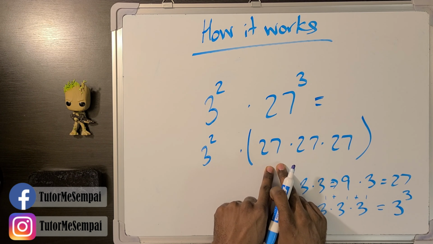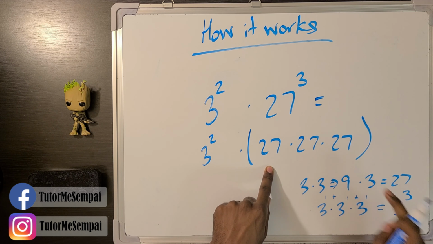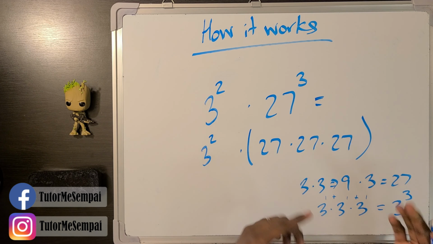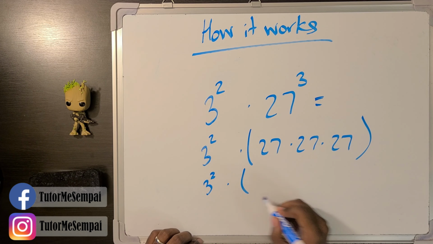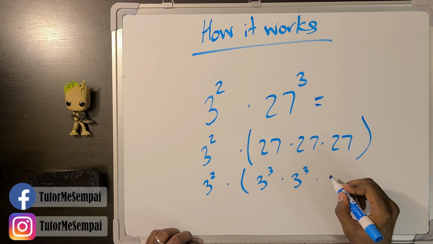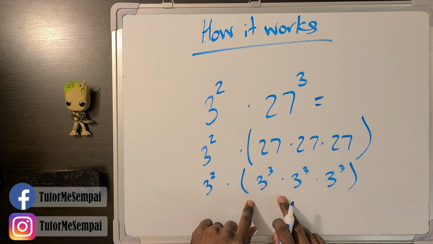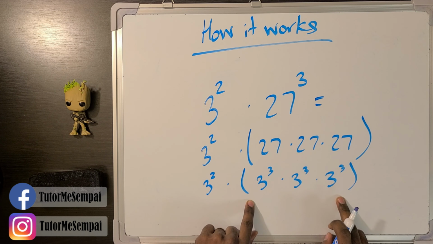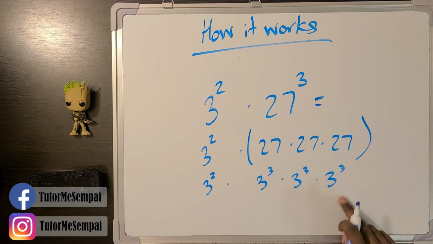So this 27 can be rewritten as 3 cubed. And if this 27 can be written as 3 cubed, both of these 27s can also be written as 3 cubed. So let's rewrite this as 3 cubed. So we have 3 squared times 3 cubed times 3 cubed times 3 cubed. Well, can we do something about this 3 cubed times 3 cubed times 3 cubed? Yes. And actually, we can probably just drop these parentheses because what do we have here?